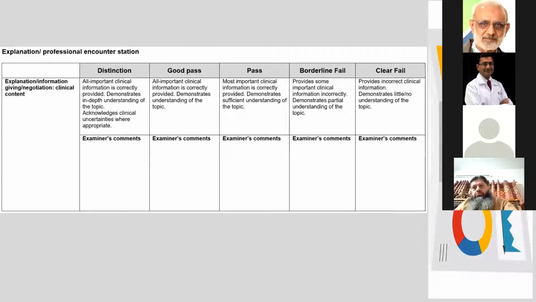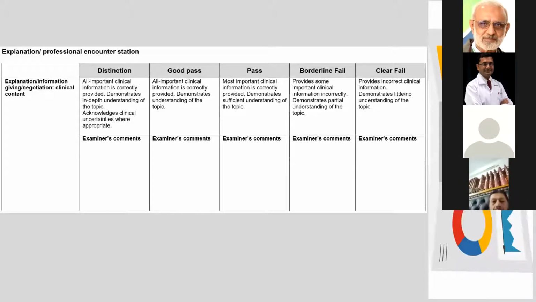The SMEs have to agree on the characteristics of a borderline fail candidate. The characteristics described here are that the candidate provides some important clinical information incorrectly and demonstrates partial understanding of the topic, as compared to a clear fail candidate who provides incorrect clinical information and demonstrates little or no understanding of the topic.